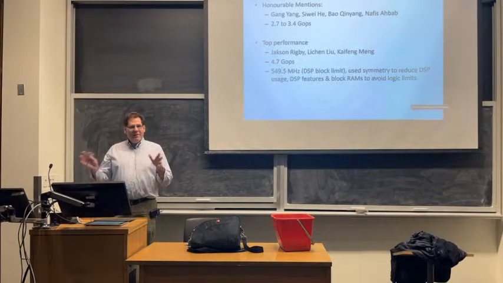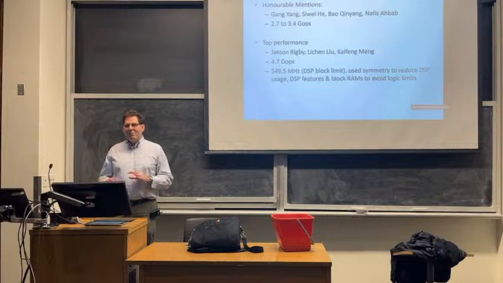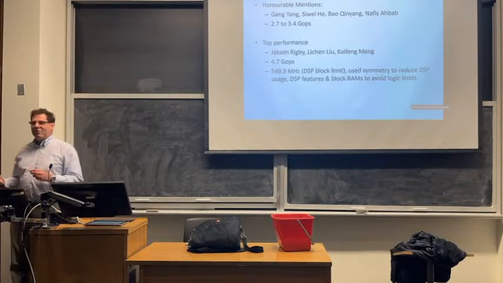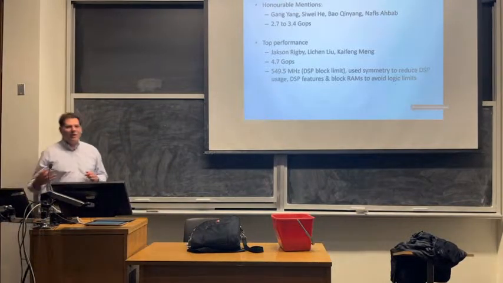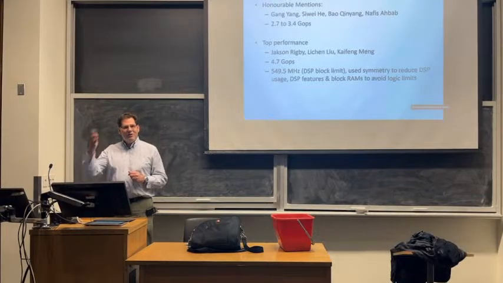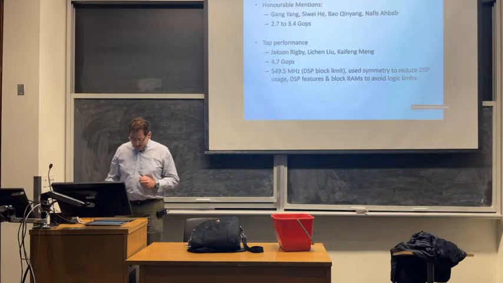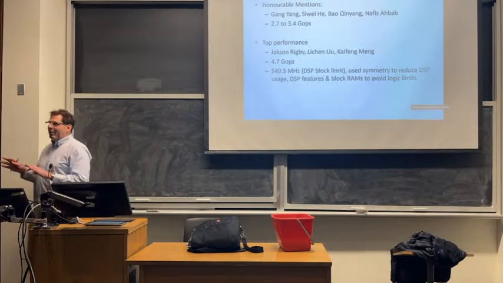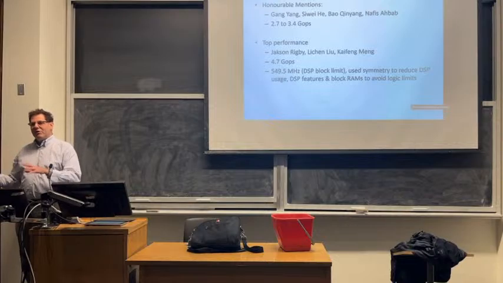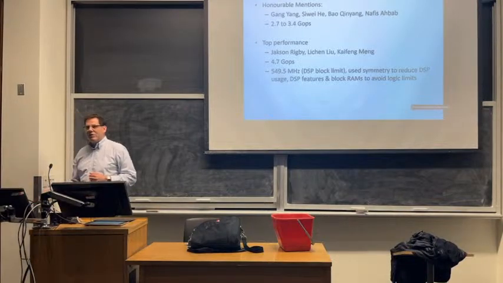You basically did all the optimizations. You pipelined it enough and used the DSP block modes in a clever enough way that you got to 550 megahertz, limited by the DSP block's maximum clock frequency. So Intel just said, you're done, stop optimizing. You used symmetry: the filters you were given are symmetric, which means you can convert some multiplications to additions before you do the multiplication.